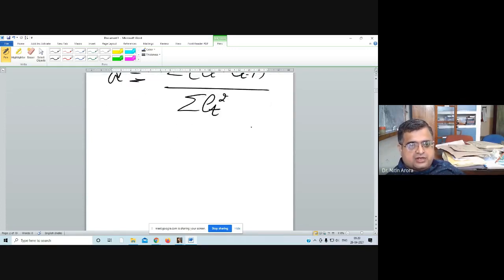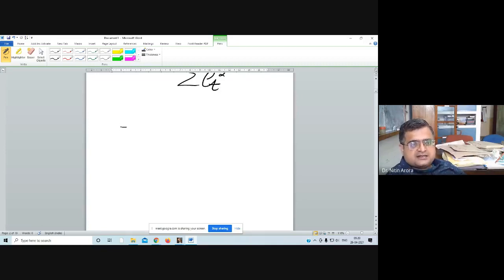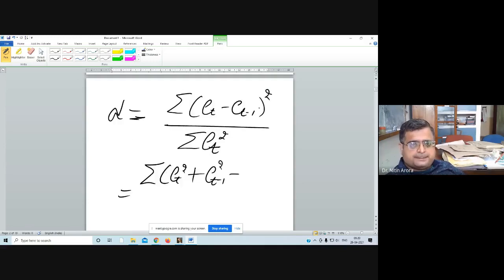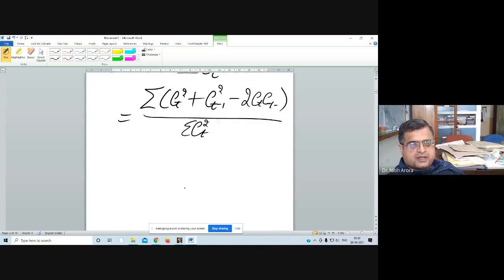Okay, if I open the square, can I write it as summation A square plus B square minus 2AB? Right?